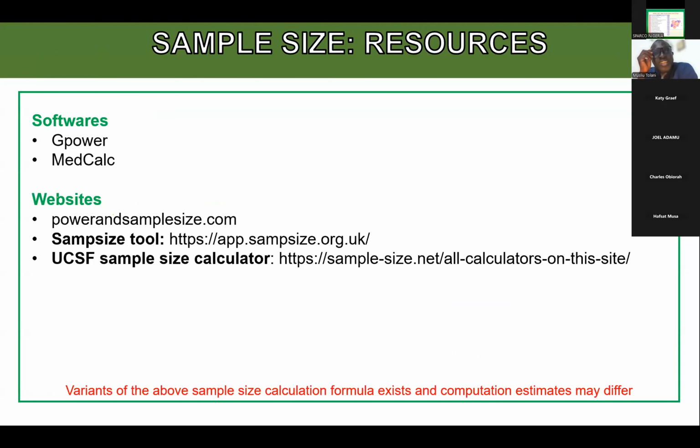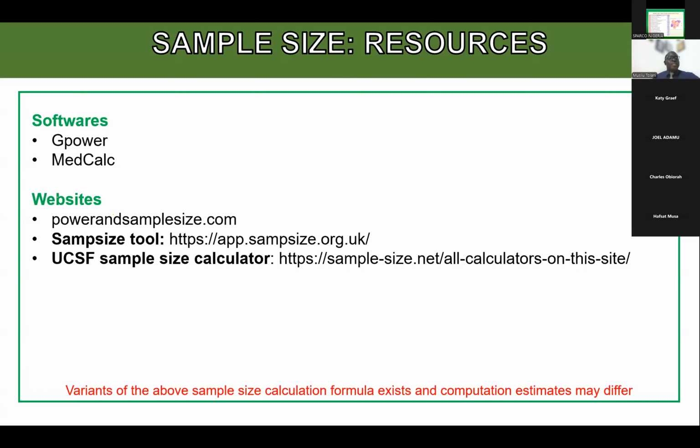Just to highlight that some of these formulas are a little bit complex, and there is a lot of software online now to calculate sample size easily. You just need to know the study design being used as well as the assumptions you are making in order to do this. G*Power is a very good resource, and MedCalc also has an online tool for this.